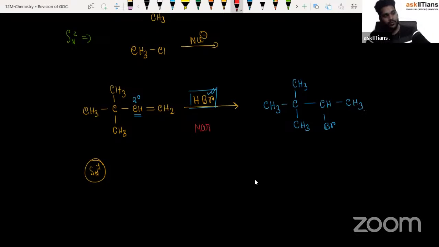According to Markovnikov, we get this. Now, do we know which pathway Markovnikov rule follows? Is it SN1 pathway or is it SN2 pathway? Come on, guys, think about it and tell me. Markovnikov rule, which pathway does it follow?